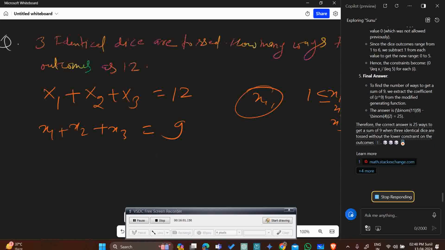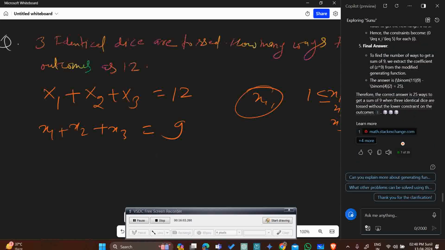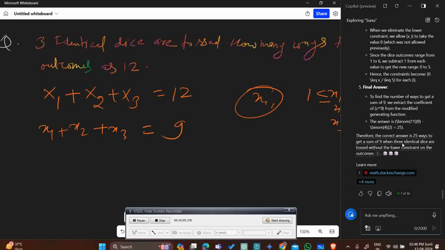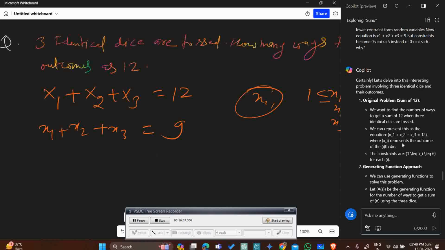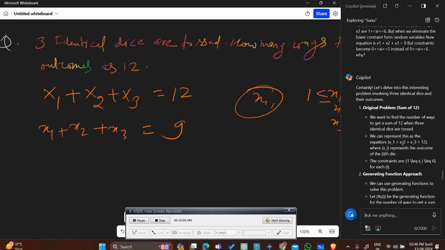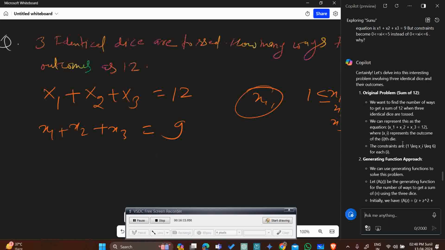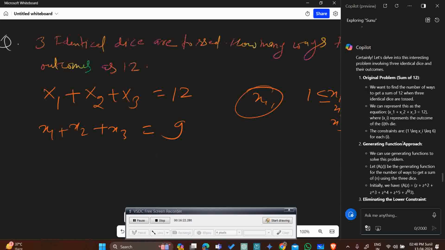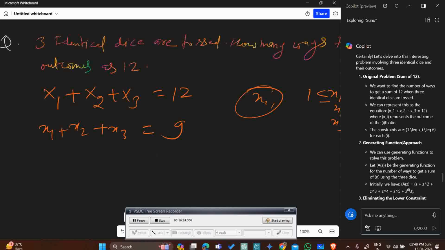So let's understand this. The problem was the sum of 12. We want to find the number of ways to get the sum of 12 when three identical dice are tossed, right? We can represent this as x1 plus x2 plus x3 is equal to 12, where xi represents the outcome of the ith die.